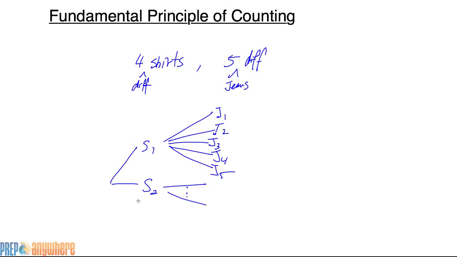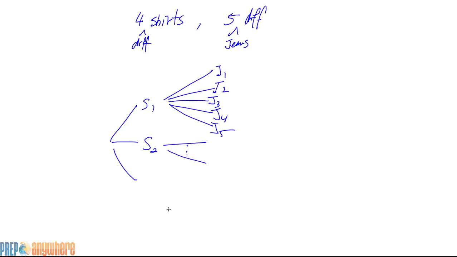Same for shirt 3 and shirt 4. Looking at this tree chart, first of all you have 4 shirts. For every shirt you have 5 jeans. So that's 4 times 5.